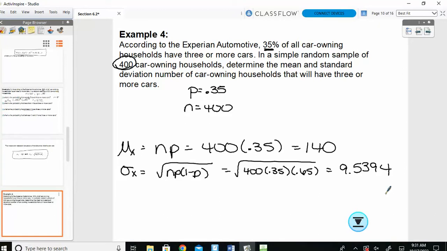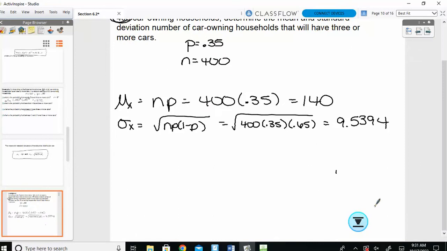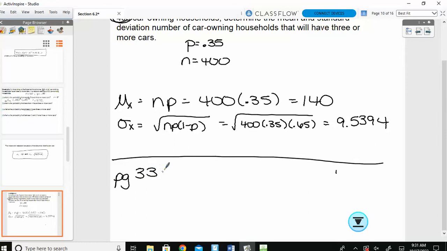Alright. I'm stopping here. I'm not done with the section yet, so we will work on finishing this tomorrow. But let's go ahead, we can try some. Take 14 even.